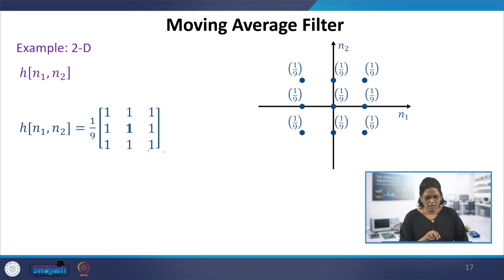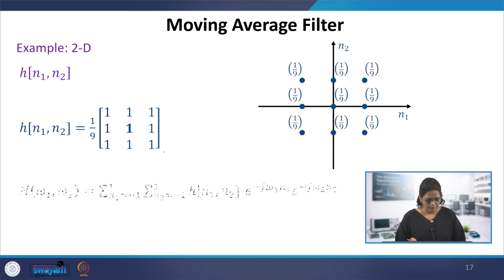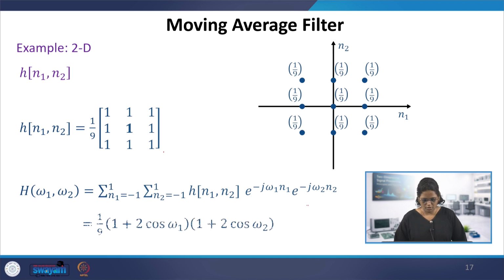Now taking this average filter, can we get the frequency response of it? What is the filter response? Taking the 2D DTFT, or in this case the DSFT, space transform, H of omega 1, omega 2 equals the sum with n1 restricted to minus 1 to plus 1, similarly n2 also restricted to minus 1 to plus 1, of h of n1, n2 into e to the power minus j omega 1 n1 into e to the power minus j omega 2 n2.